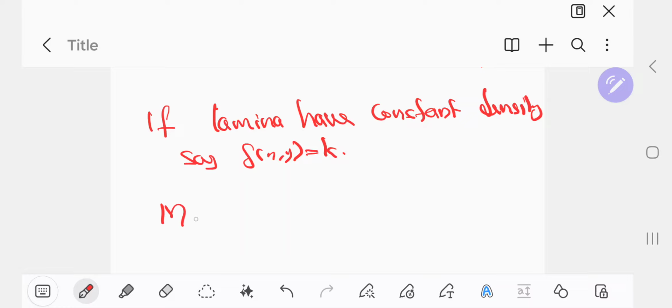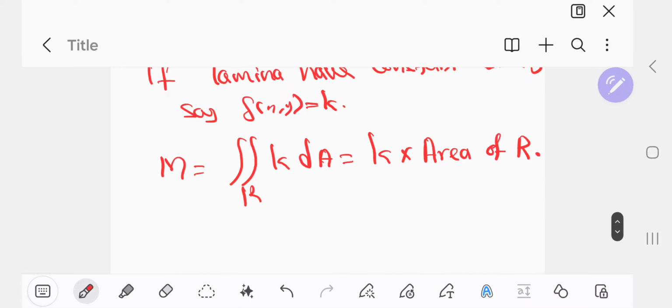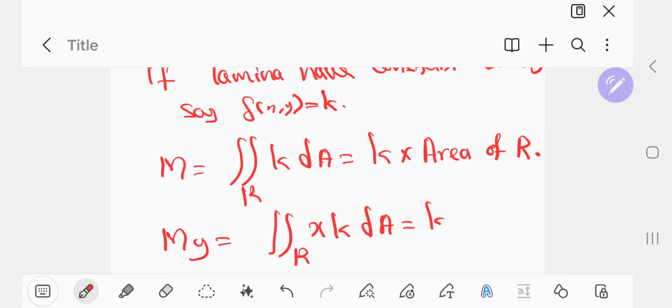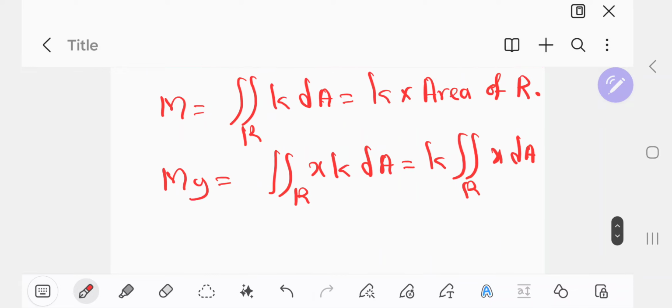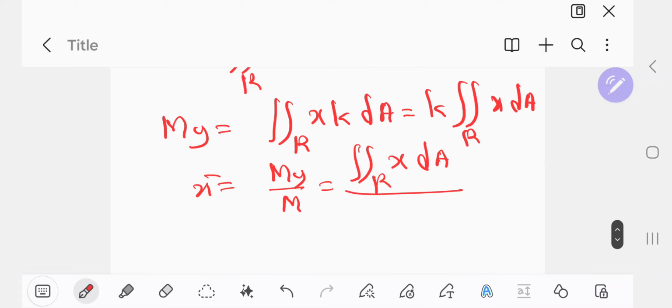Mass equal to the double integral over R of k dA, which is equal to k times the area of R. Then My is equal to the double integral over R of x times k dA, which is equal to k times the double integral over R of x dA. So x bar will be equal to My by m, which becomes the double integral over R of x dA upon the area of R.